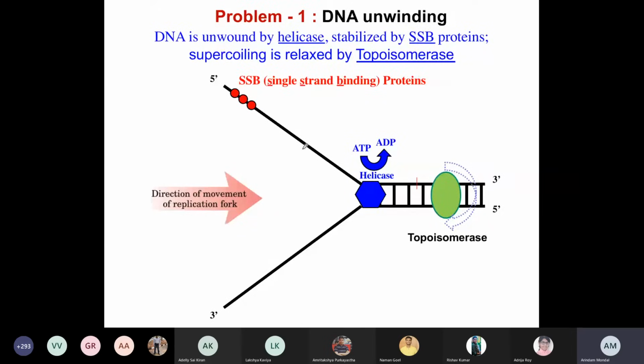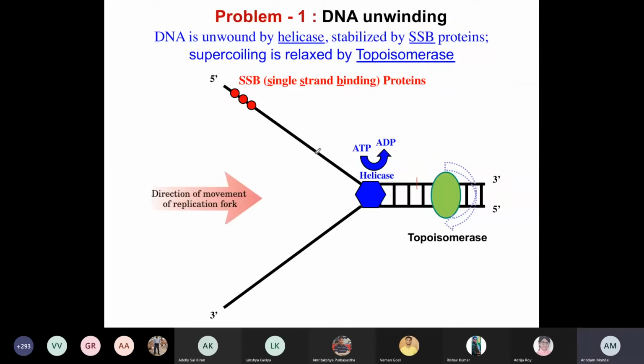Okay, so in order to avoid this problem, there are proteins known as single-stranded DNA binding proteins, or SSBs. While the helicase is unwinding the DNA, generating single-stranded DNAs, the single-stranded binding proteins will constantly wrap up these single-stranded DNAs so that they do not get degraded by the cellular enzymes.